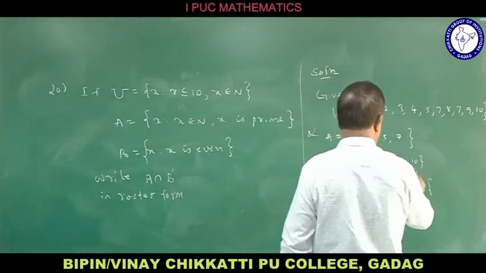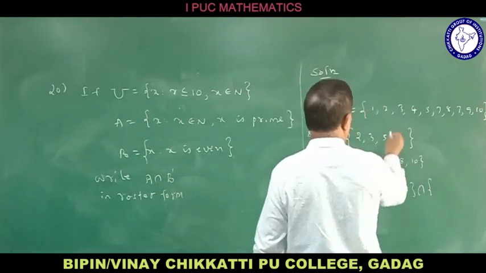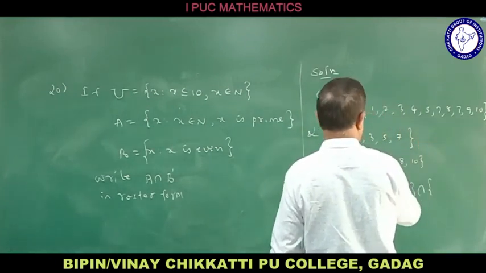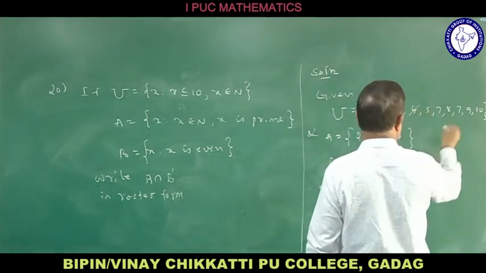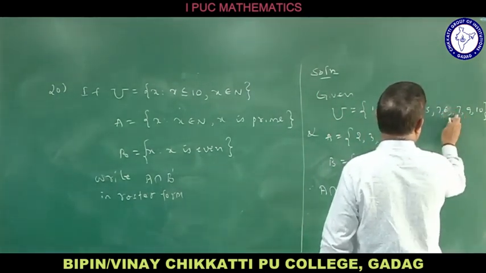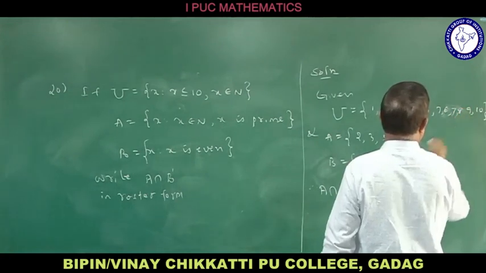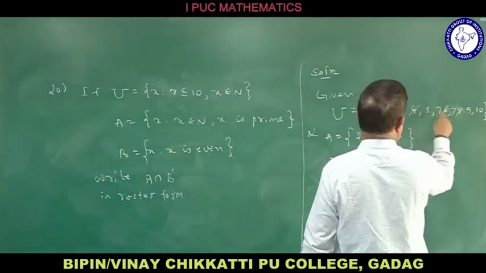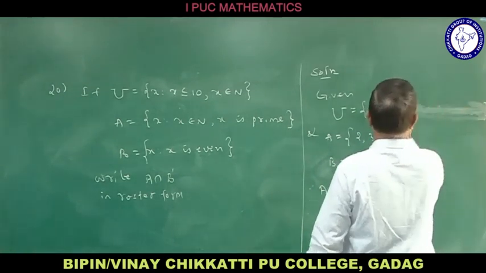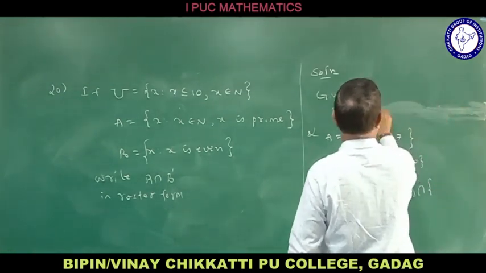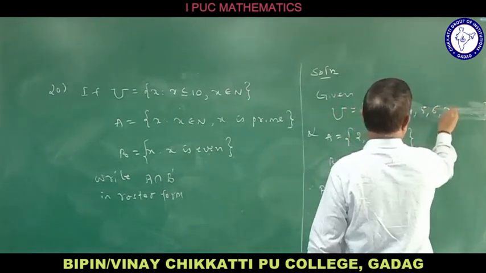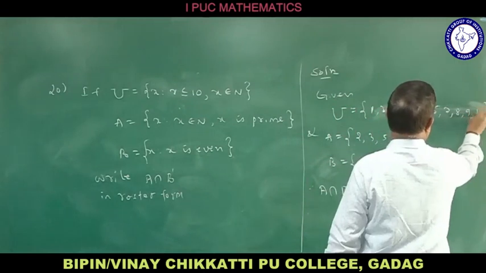Excluding these numbers in the universal set, 2, 4, you have to drop these. Let me write the universal set: 1, 2, 3, 4, 5, 6, 7, 8, 9, 10.